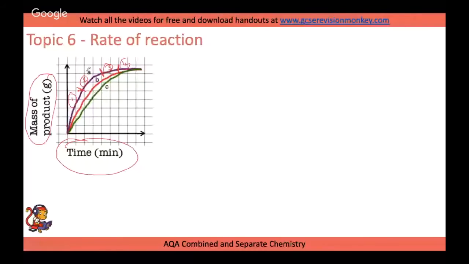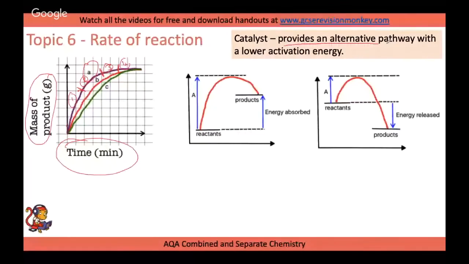We said we'd come back to the catalyst. We said before that it provides an alternative pathway with a lower activation energy. That's the GCSE bit. You won't get all the marks if you just say that it speeds up a reaction. Remembering reaction profiles from paper 1, they may well creep into paper 2 as well, because you might need to show on there how a catalyst is providing an alternative pathway.